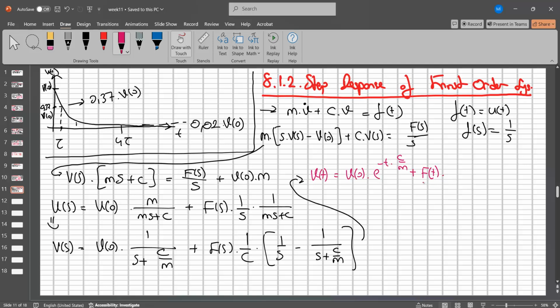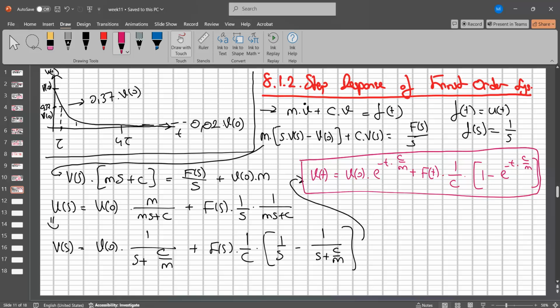This is the constant. Just remember that. 1 divided by s means 1 minus the exponential term e to the minus t C divided by M, right? Because it's the first order case, right? This is our solution.